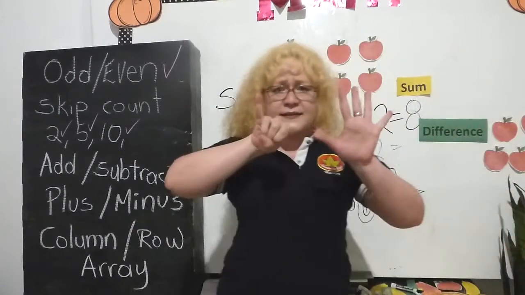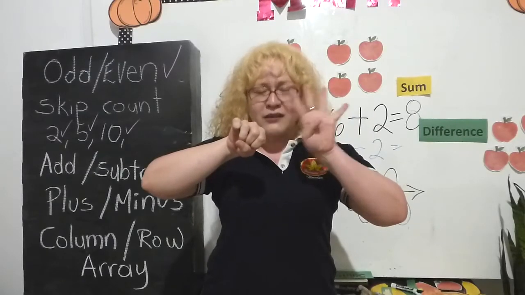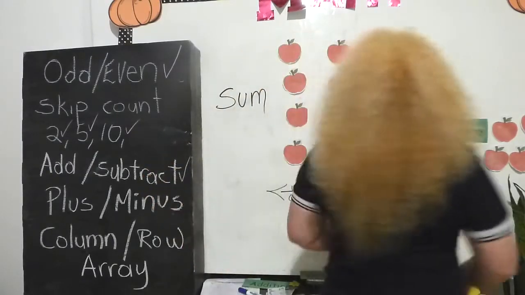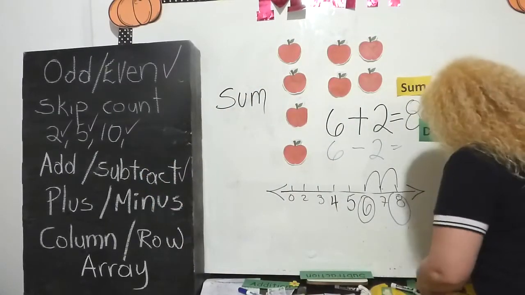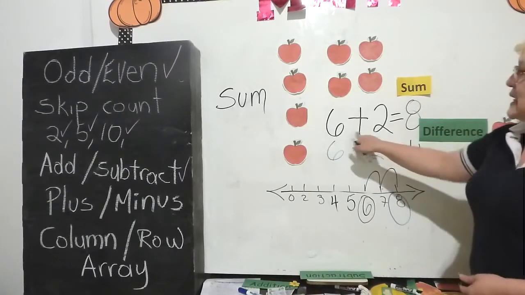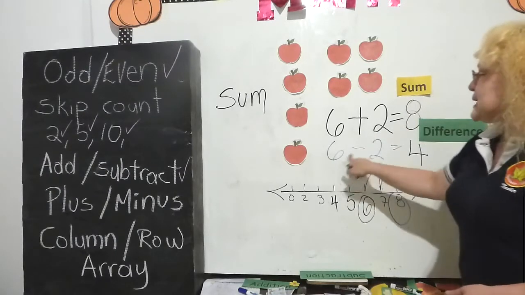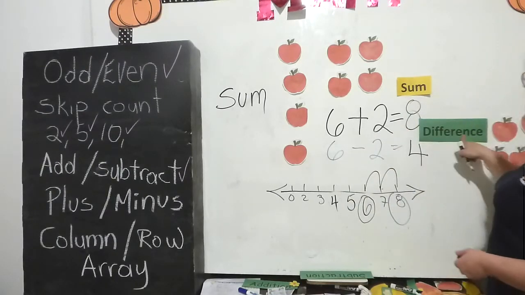Okay. 6 minus 1, 2 equals 4. Get it? So, 4 is the difference. 6 plus 2 equals 8. 8 is the sum. 6 minus 2, 4 is the difference.